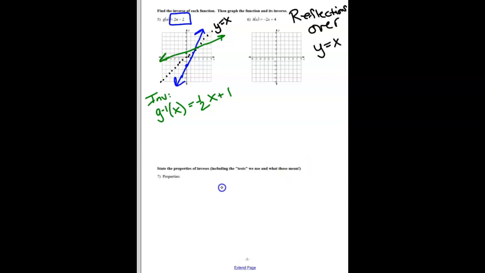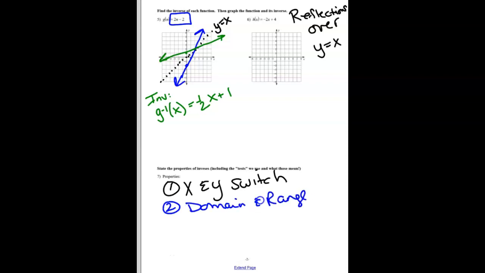And then the 5 properties, including the tests that we're going to use. Let's see. So, first main property, x and y switch. And then because the x and y switch, that means the domain and the range switch.